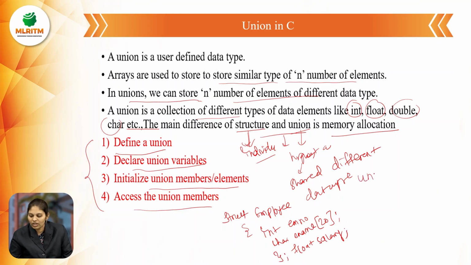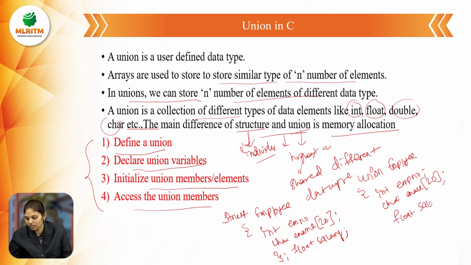In a union, we have to use the keyword union, and employee. Here also, int employee number, char employee name with a size of 20, and float salary, and close with a semicolon. The difference between these two is the keyword, union.